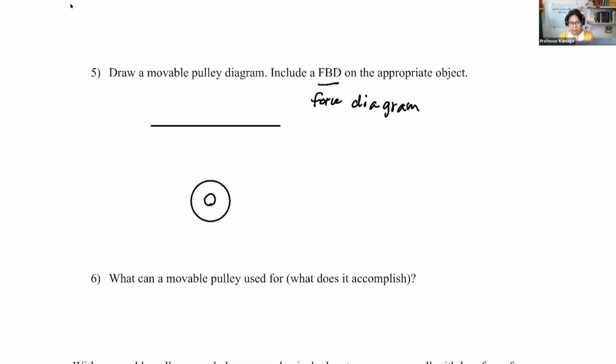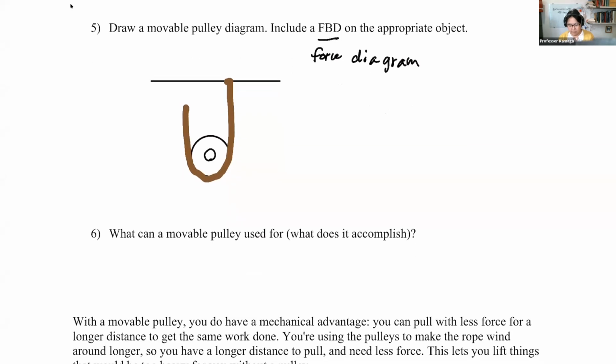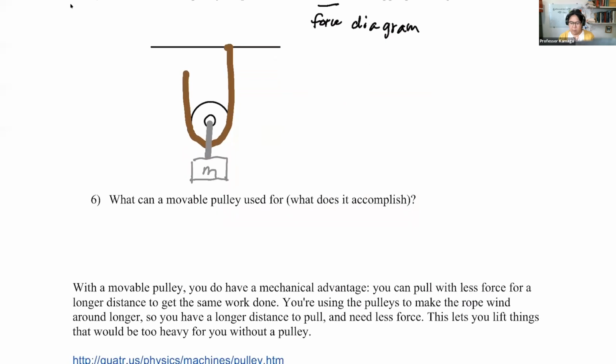And I could have a rope that's connected here, going around and around. And the object is hanging like this. That's M.